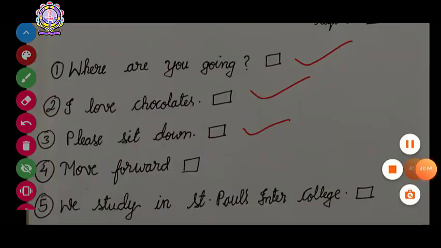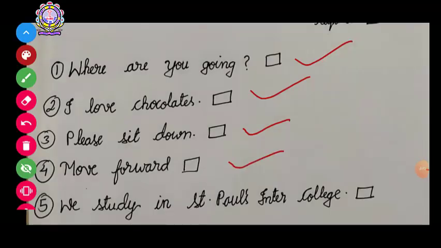Move forward. Wait. In move forward, there is an exclamatory mark. I forgot to put it, so you can put it when you write in your notebook. Fifth number, we study in St. Paul's Inter College. So these are the sentences. You can take the screenshot.